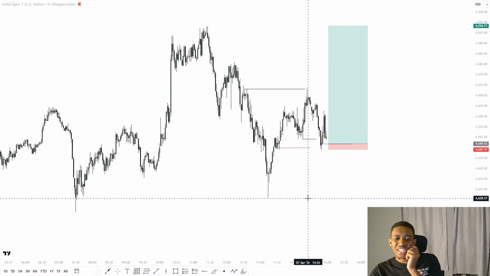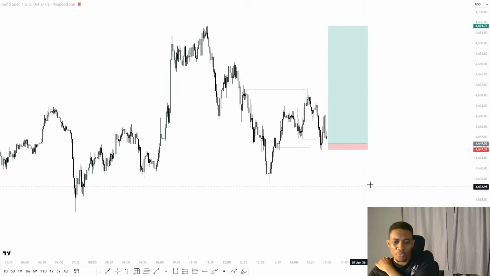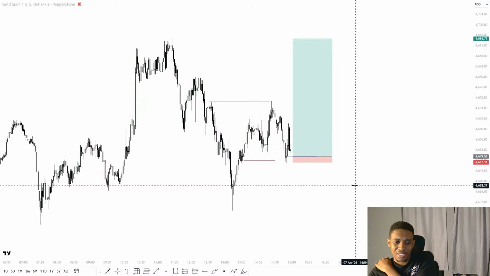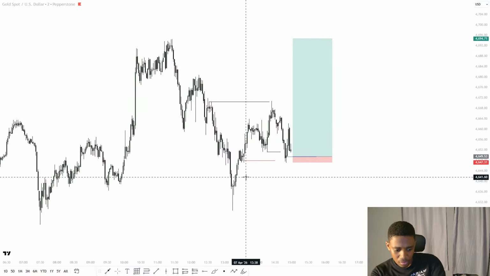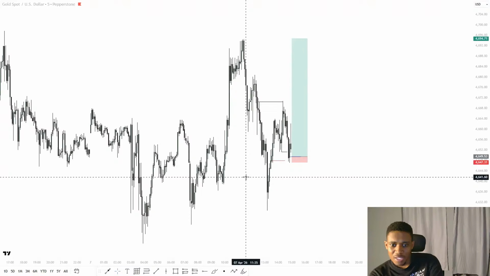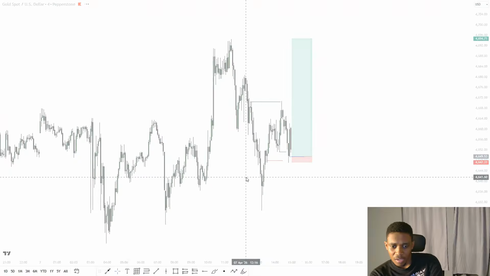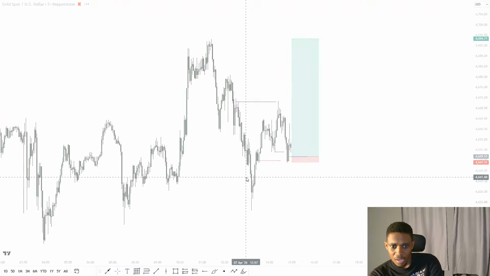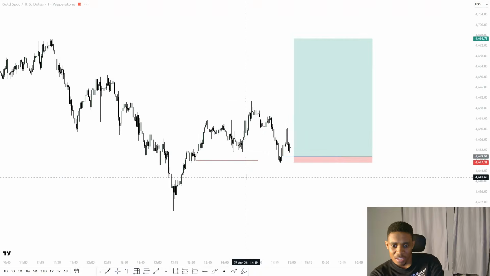But to me, it's like a B setup. It's not like a setup that I'd normally go for. It's good, but there's just something about it, man. It's missing a lot of things, and I don't like setups that are missing things.